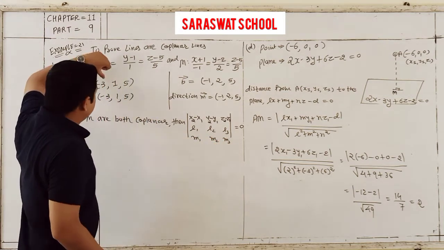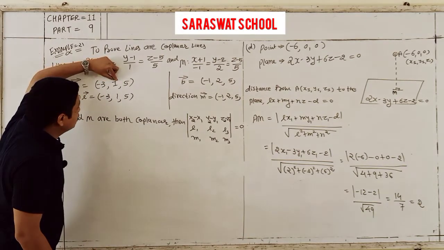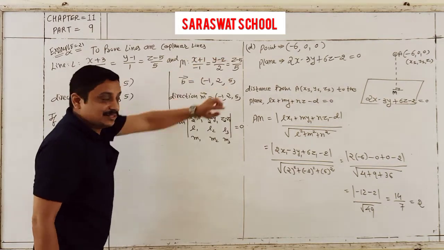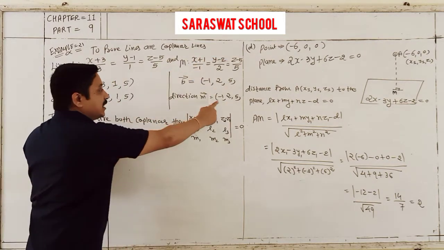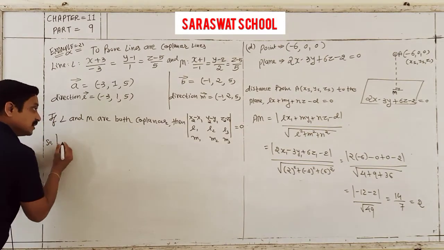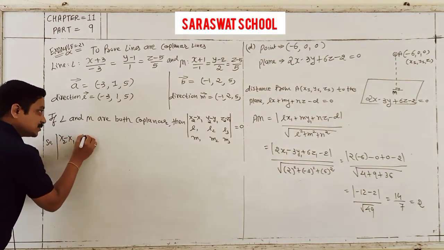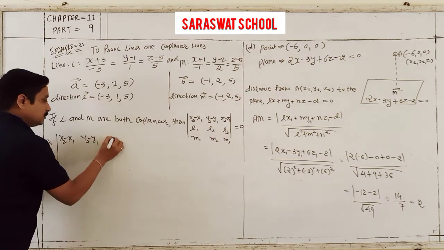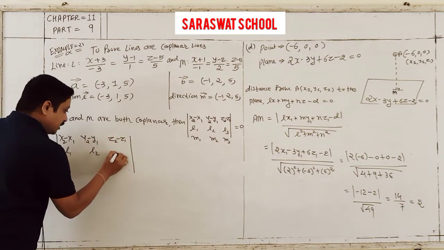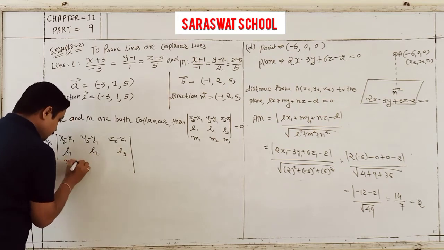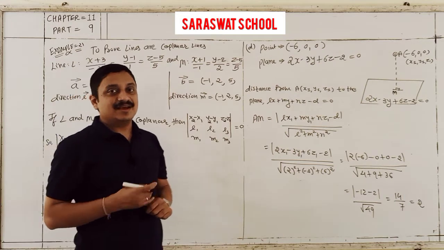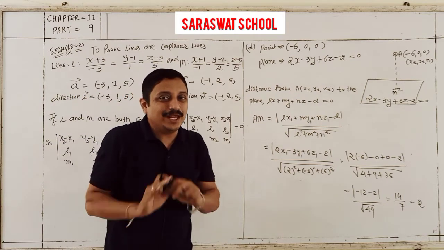Please consider your x1 y1 z1, x2 y2 z2, that is your l1 l2 l3, m1 m2 m3. So I will start from the bottom easily: x2 minus x1, y2 minus y1, z2 minus z1, l1 l2 l3 and m1 m2 m3. Apply the values and prove it anyhow.